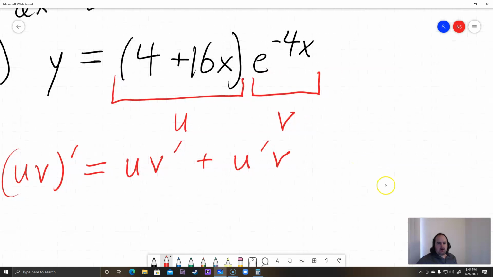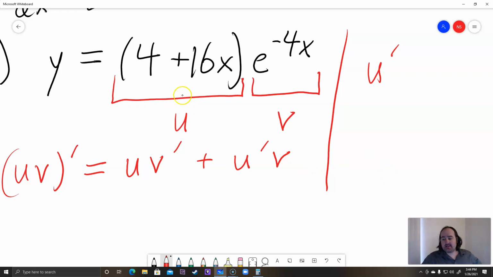Okay, so over here I can write out what u prime and v prime are. So u prime is actually going to be the derivative of 4 plus 16x. So the derivative of 4 is 0 because 4 is a constant. And then the derivative of 16x is just 16 because the variable goes away. So we get u prime equals 16.